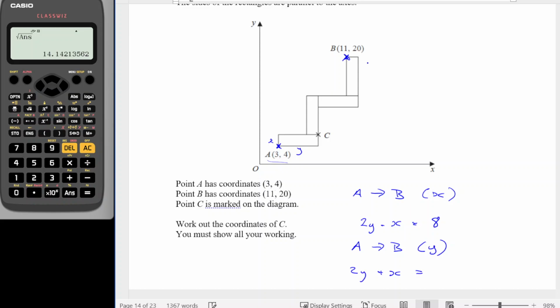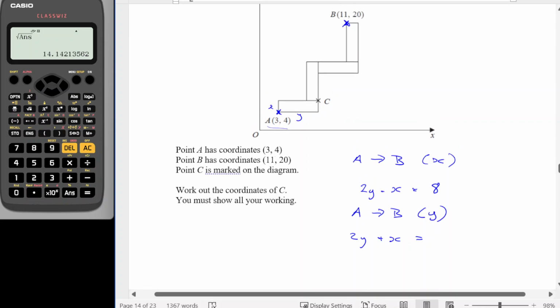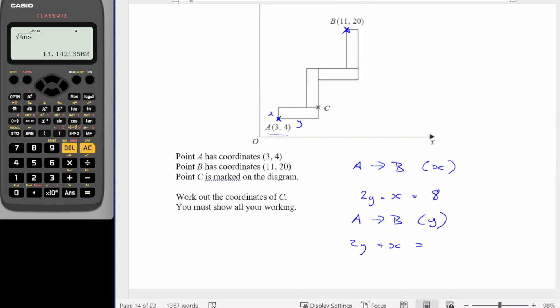And the difference in the y coordinates is, I've gone from 4 up to 20, so there's a difference of 16. So let me just check that. So I've got my simultaneous equations. So difference in x is, first of all, y plus y minus x, so yeah, I agree with that. And then looking at my y differences, x plus y plus y, so I agree with that.